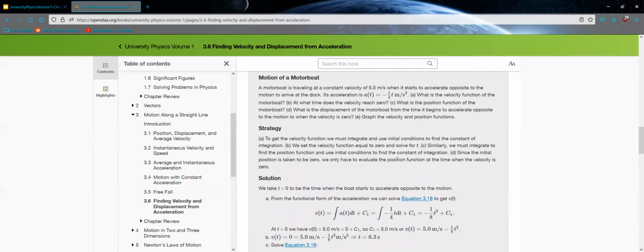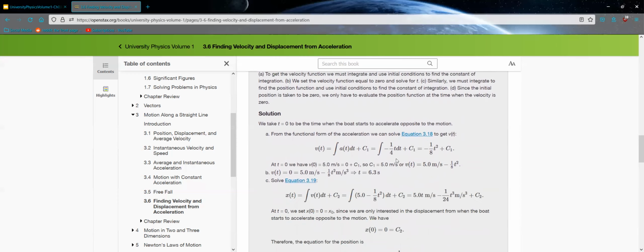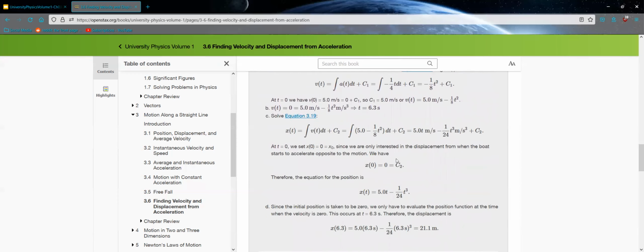So with that information, what's the position function look like? Well, since to go from acceleration to velocity, we integrated, to go from velocity to displacement, we again integrate. So we take our velocity equation of 5 minus 1/8 t squared and integrate that with respect to t.